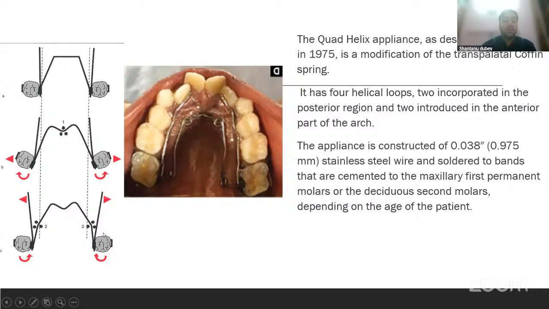Second activation, there is derotation, hence the rotation that was caused earlier by the introduction of a bend in the anterior arm is negated. It has derotated, and there is some expansion in the anterior region as well. So this is how you utilize that.